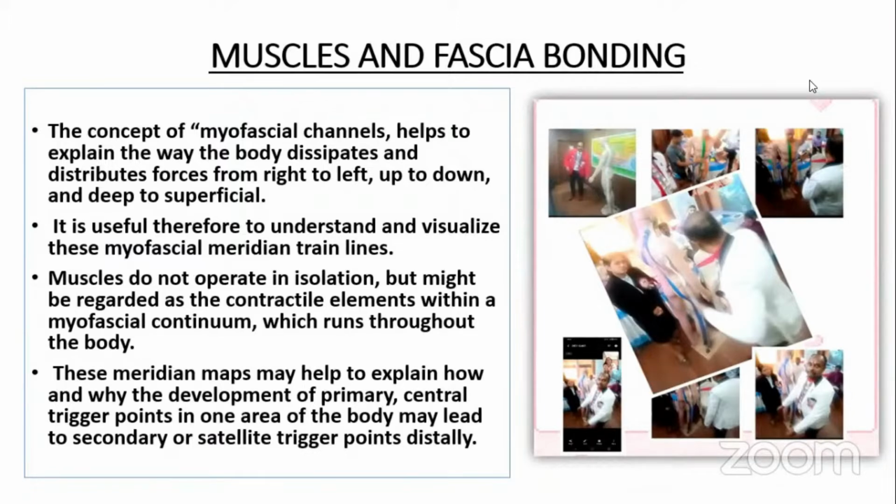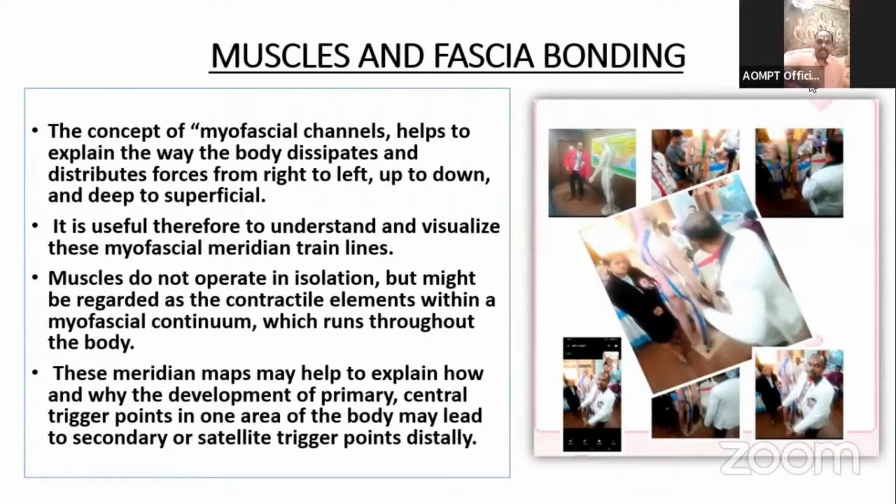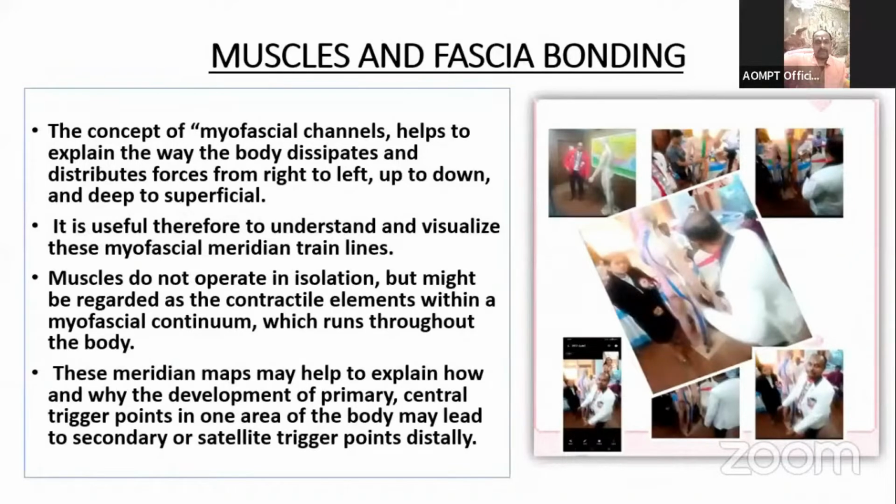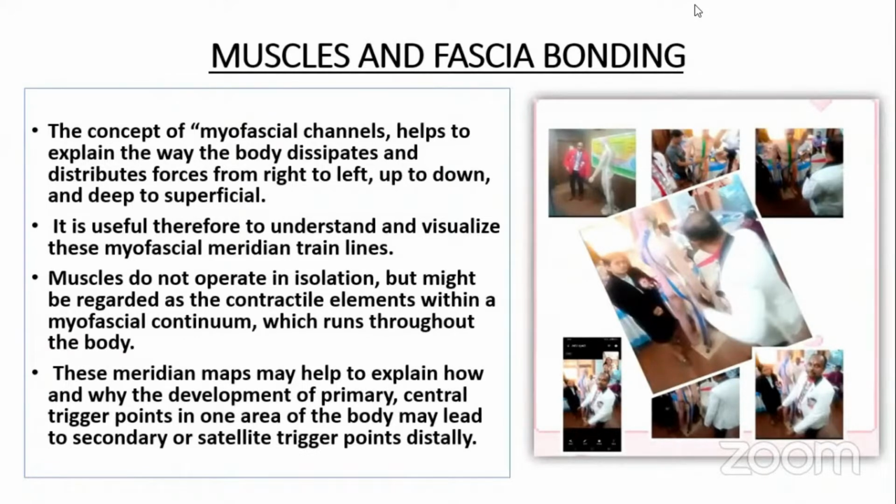When we do upper limb activity, distal muscles influence the proximal more. For lower limb activity, it is the proximal muscle that affects the distal muscle more. Okay, clear.